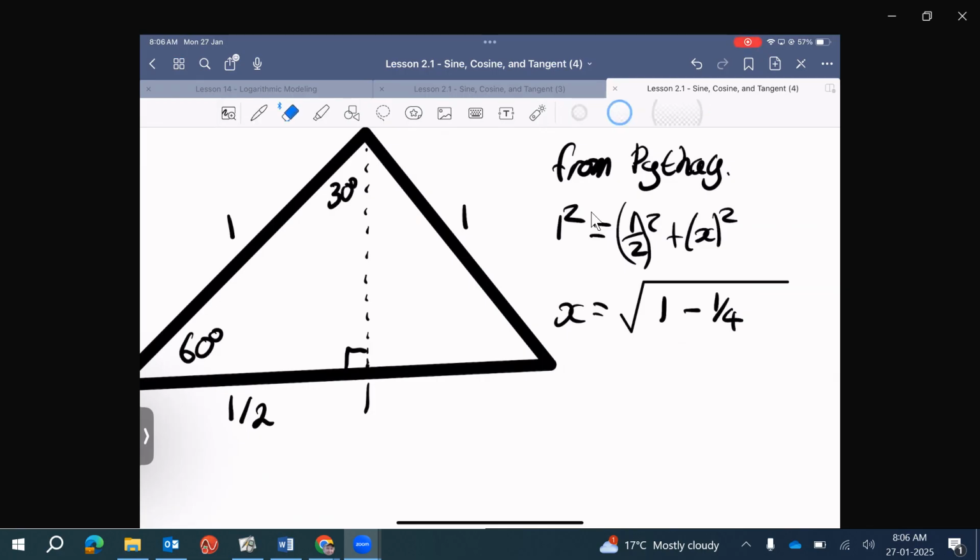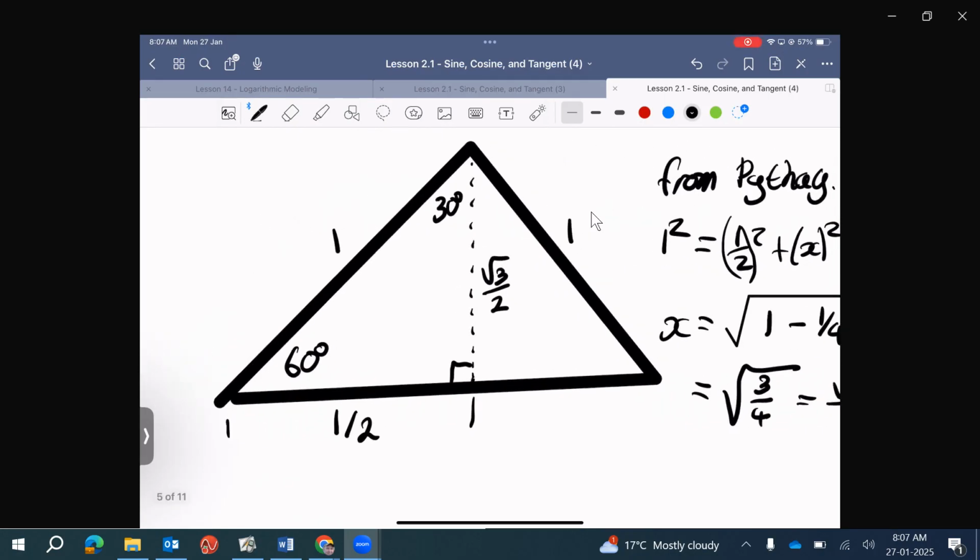Take a minute to follow the algebra through. Okay, so simplifying that, we should get the square root of 3 over 4, which is root 3 over 2. This length here is root 3 over 2.